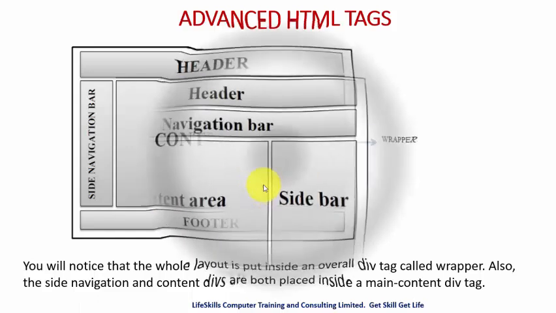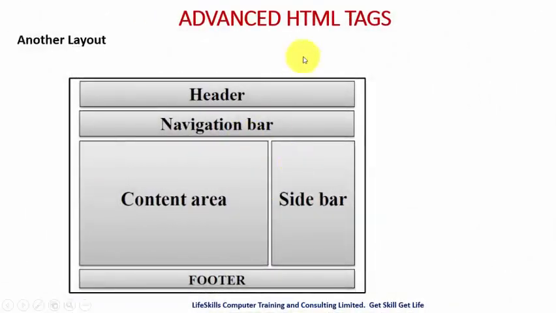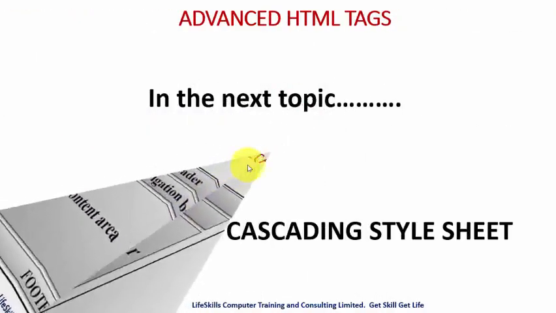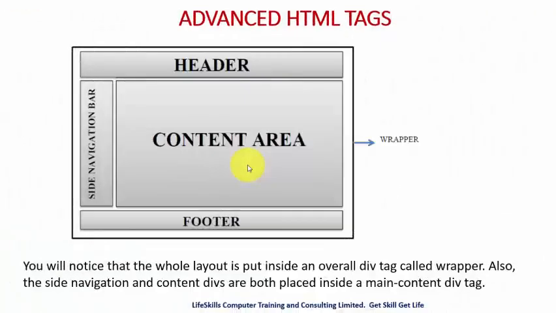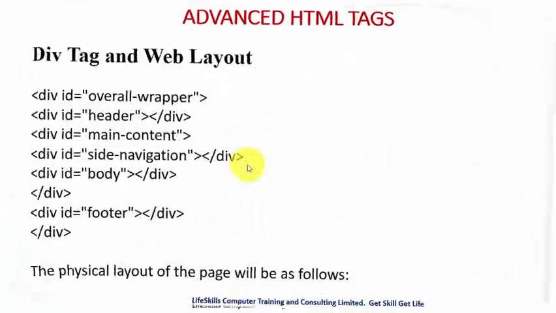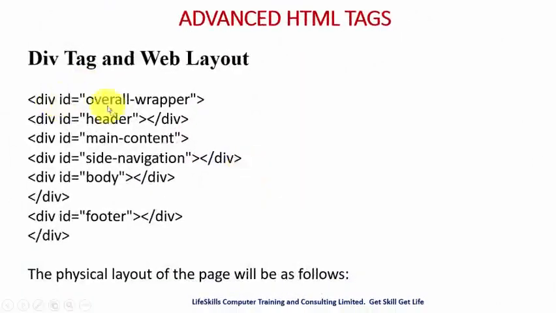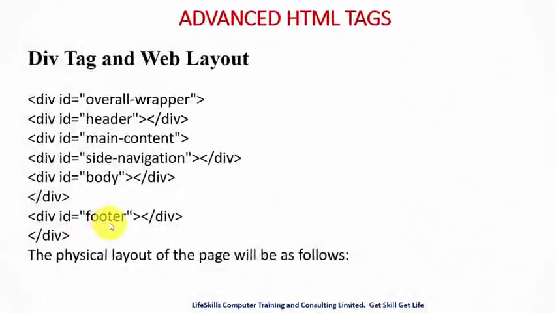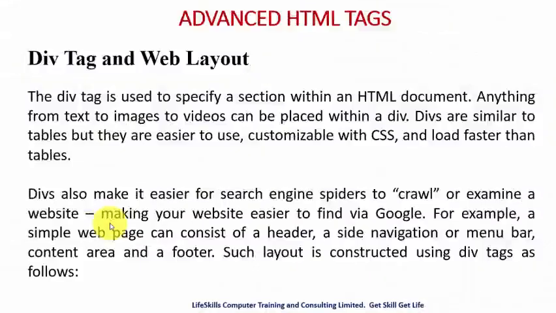In the topic, I gave another layout like this. It depends on how you want to arrange your web page. And in order to achieve that, you have to introduce div tag. See, we have div ID equals overall wrapper. You sectionalize your web page, and all these things will be put in the body section of your page.